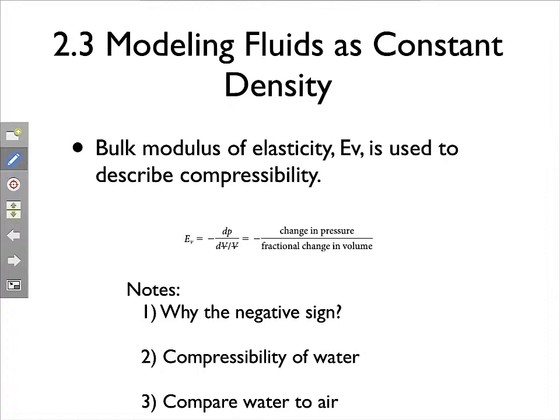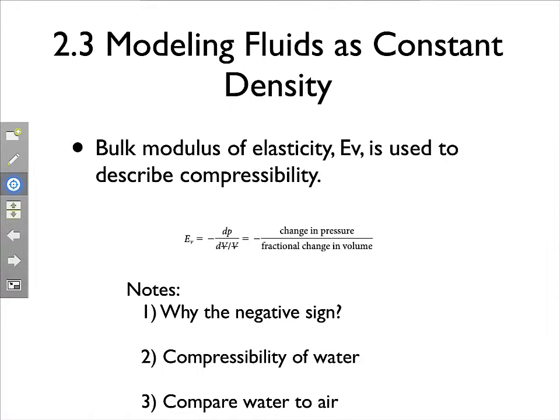So we're going to first talk about the bulk modulus of elasticity, which is used to describe the compressibility. And this is the equation for the bulk modulus. It's a change in pressure, dP, over a fractional change in volume. So this is basically a delta volume divided by the volume, which gives us a fractional change. So why do you think there's a negative sign?